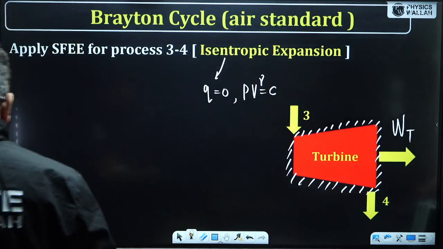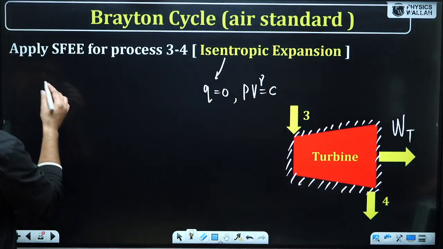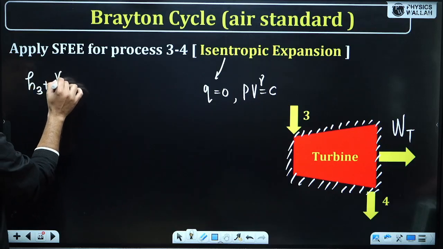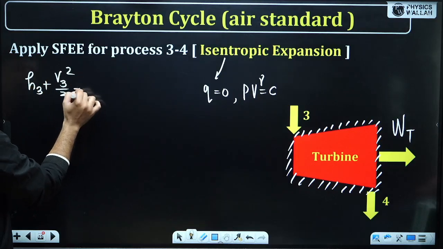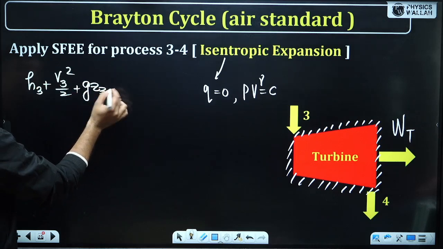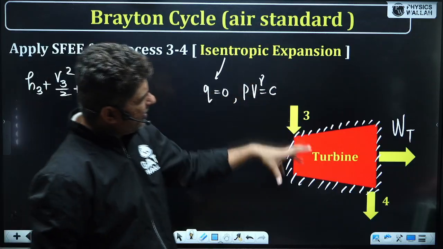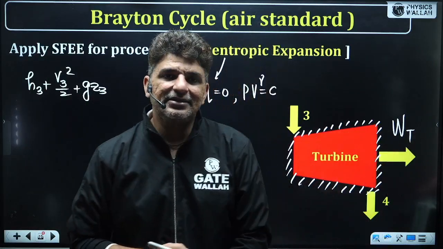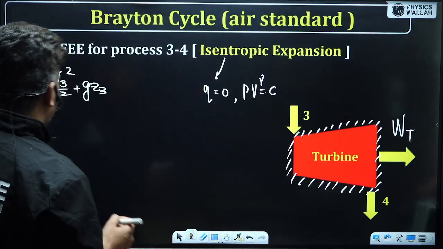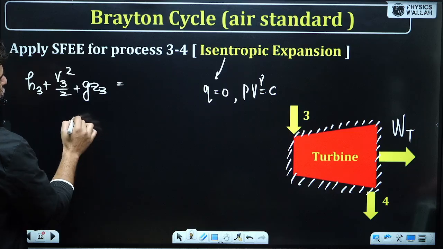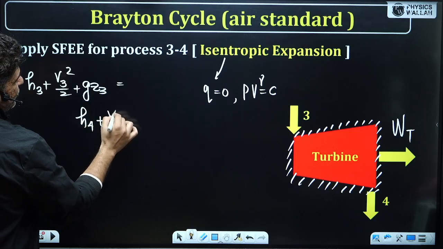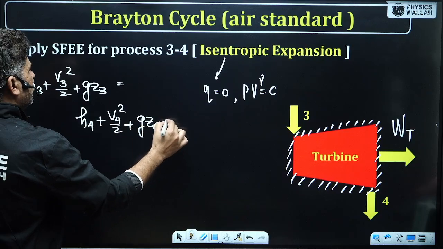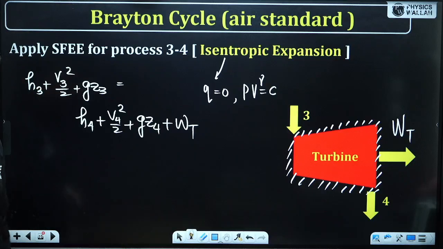So again, we can use the steady flow energy equation over here. You would write H3 plus V3 square by 2 plus ZZ3. This is the energy which is coming in, and there are two energies which are going out, one is work and the other is location 4. So this would be equal to H4 plus V4 square by 2 plus ZZ4 plus work of turbine.